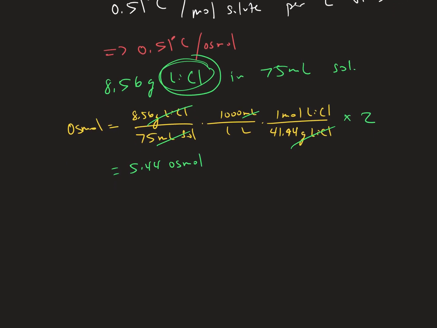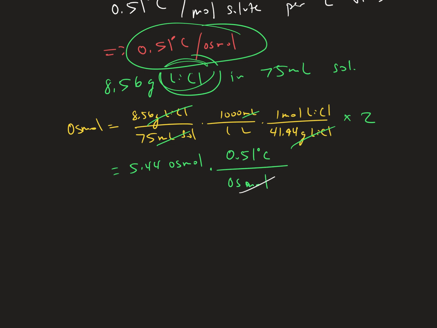Now what do we do? We use that guy, right? 0.51 degrees Celsius per osmol. Osmolarity goes away.